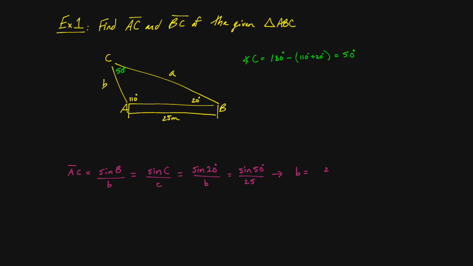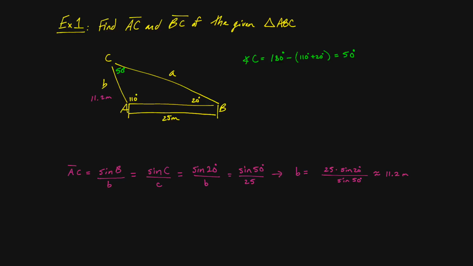We're going to have 25 multiplied by sine of 20 degrees divided by sine of 50 degrees. Make sure you're in degree mode, and you're going to get approximately 11.2 meters.